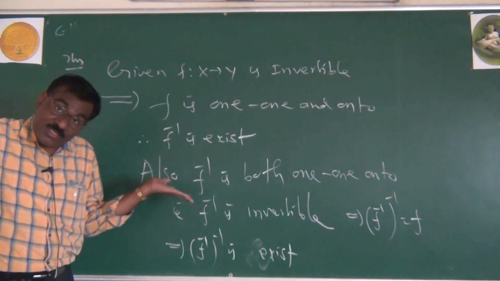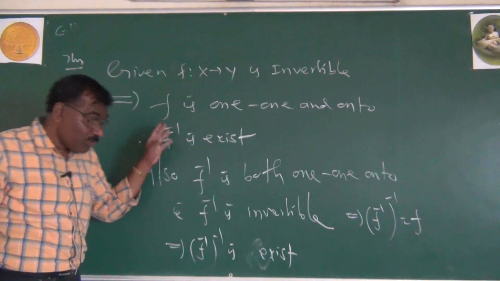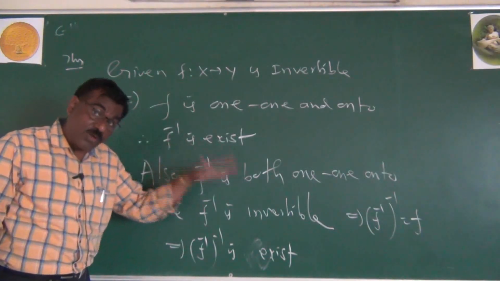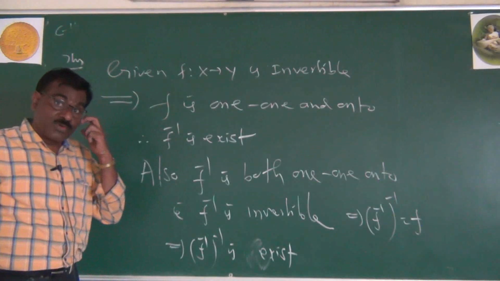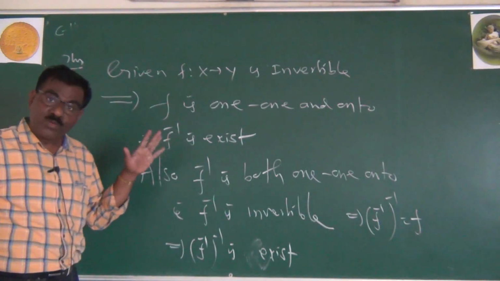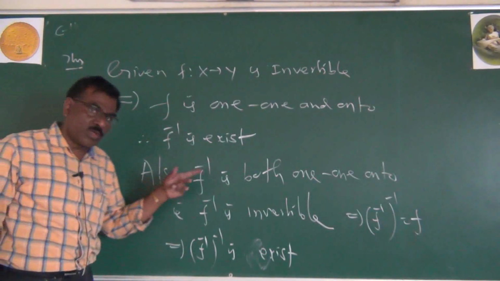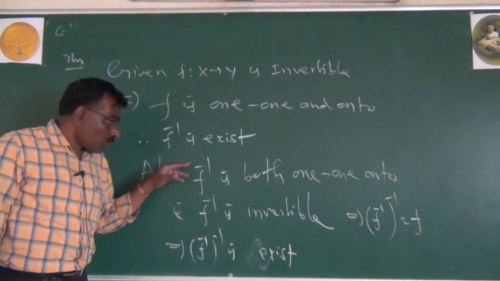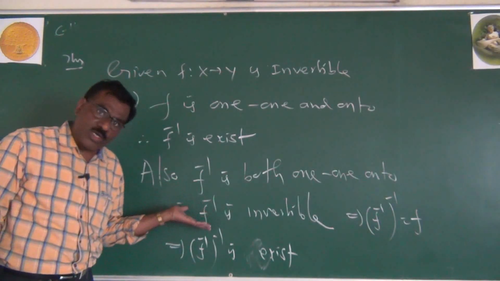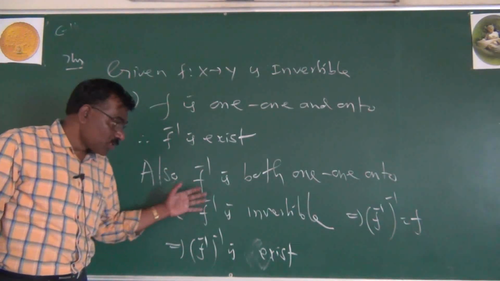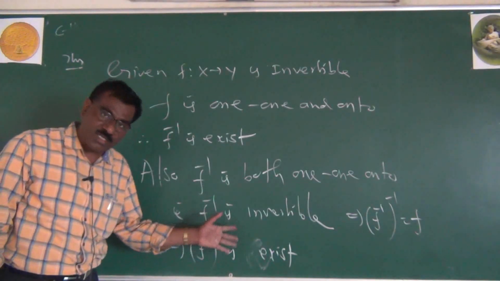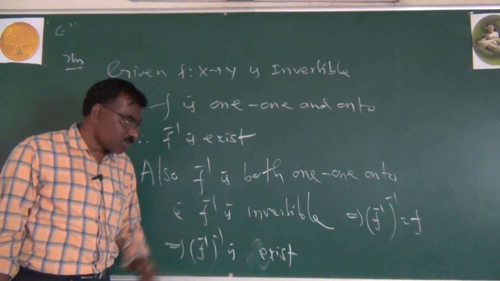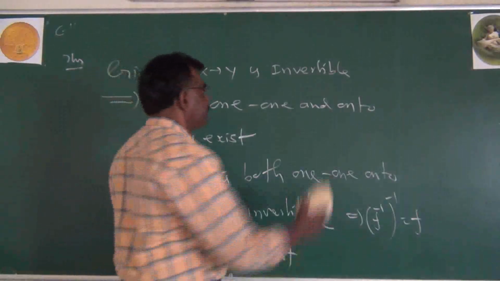F inverse exists. Also, f inverse is one-one and onto. F inverse is both one-one and onto. It's a bijection. When f inverse is both one-one and onto, f inverse is invertible. When f inverse is invertible, f inverse of inverse exists. When f inverse of inverse exists, f inverse of inverse is f.